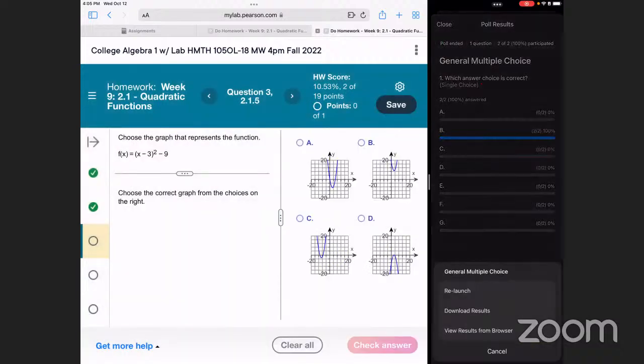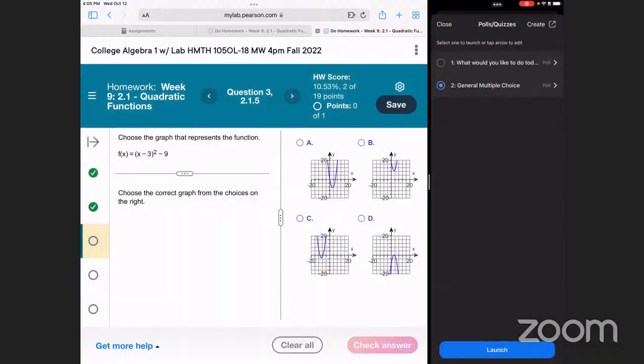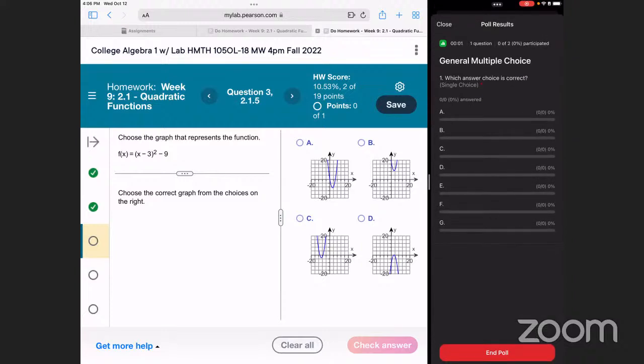Let's relaunch this. All right, another one on transformations. Which one do you think it is, A, B, C, or D? Two transformations: -3 tells us to go right 3 and then down 9.